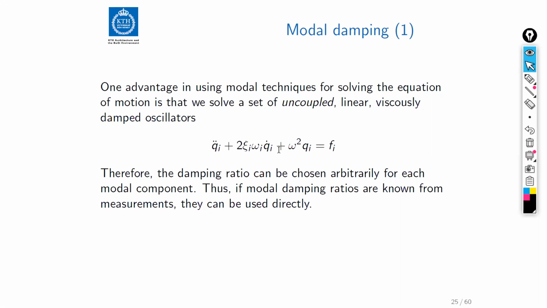So typically pure steel structures have very low damping ratios, less than 1%. And then concrete structures, you will find values between, say, 0.7% and up to 2.5% maybe.